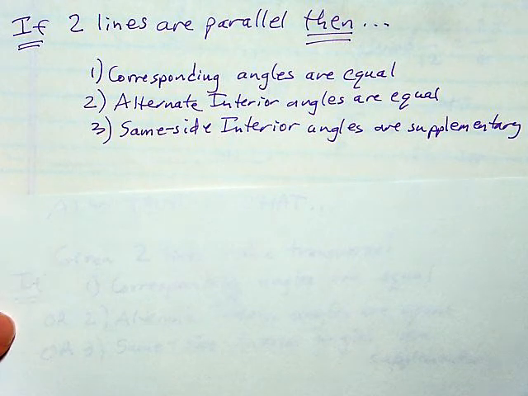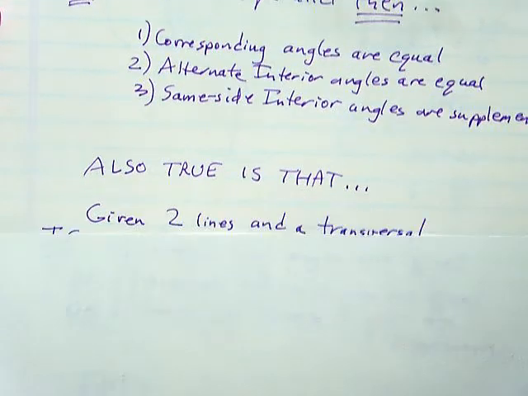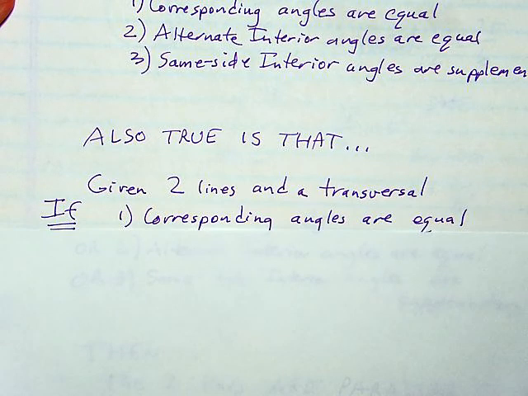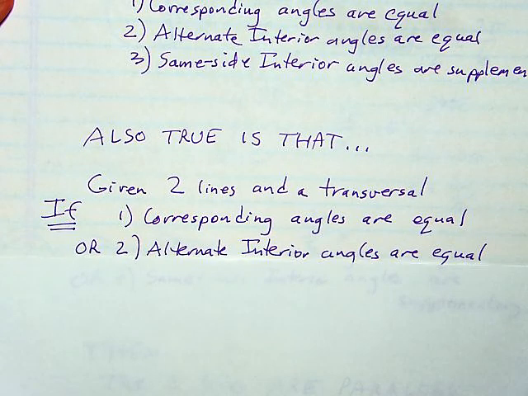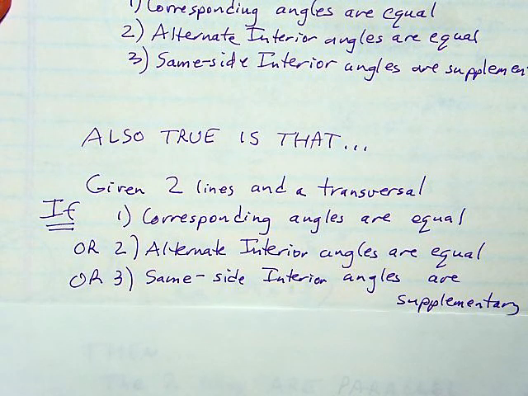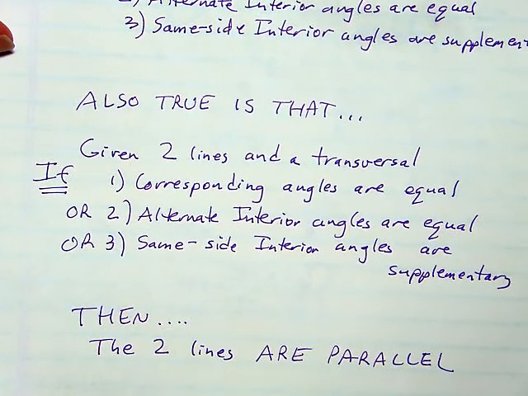In other words, it is also true that given two lines and a transversal, if the corresponding angles are equal, or the alternate interior angles are equal, or same-side interior angles are supplementary, then the two lines are parallel.